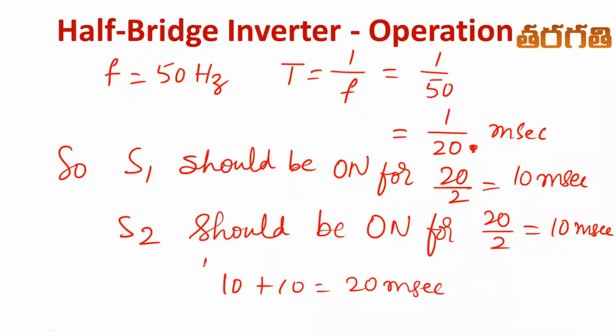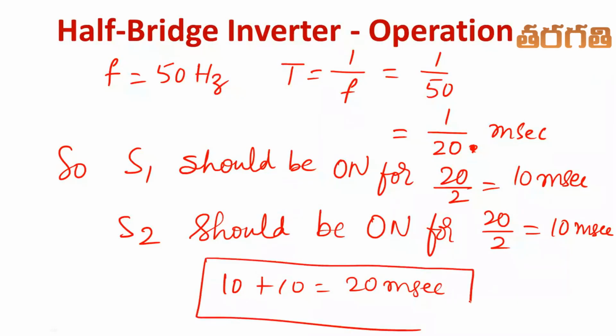Like this, we can get the required time period for generation of the trigger pulses that are applied to switches S1 and S2. You need to apply a trigger pulse having a minimum width of 10 milliseconds to S1 and S2 also. But the trigger pulse supplied to S2 should have a time delay of 10 milliseconds.